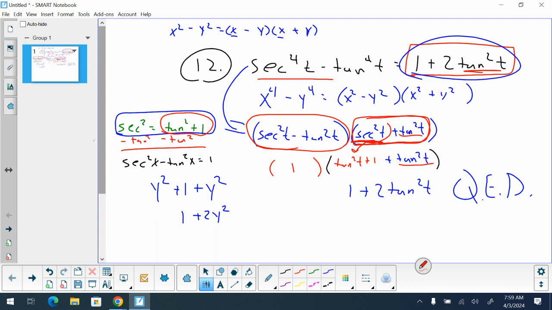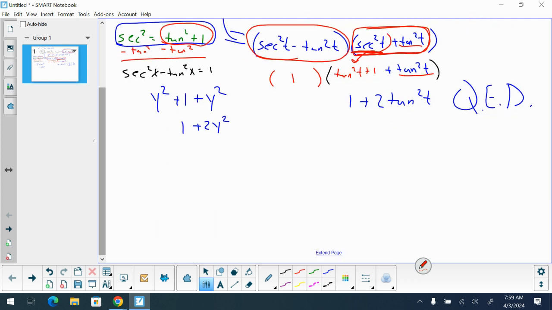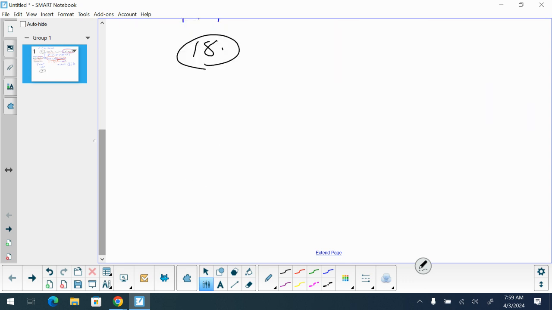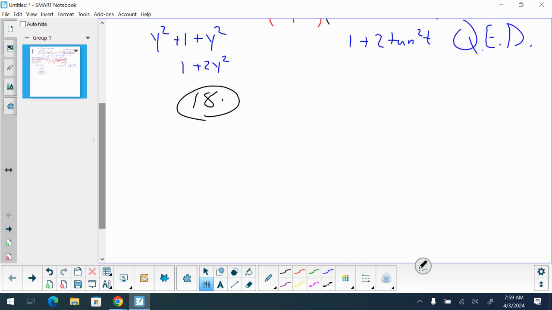Take a look at 18. 18 is one of the ones I like. Number 18.